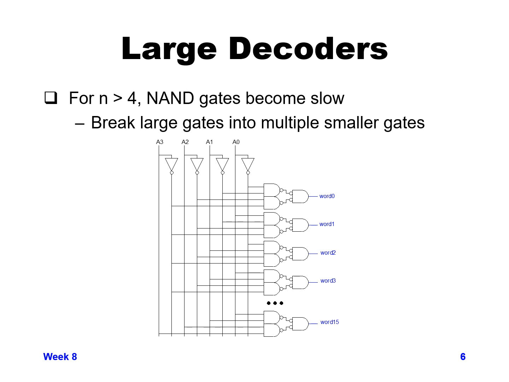So below is shown for n equals 4. In this case, we have 16 words, so it's 2 to the 4th power, and each of those 16 words needs either a 4-input NAND gate, or we can do as shown below, where we have two 2-input NAND gates followed by a 2-input NOR gate.